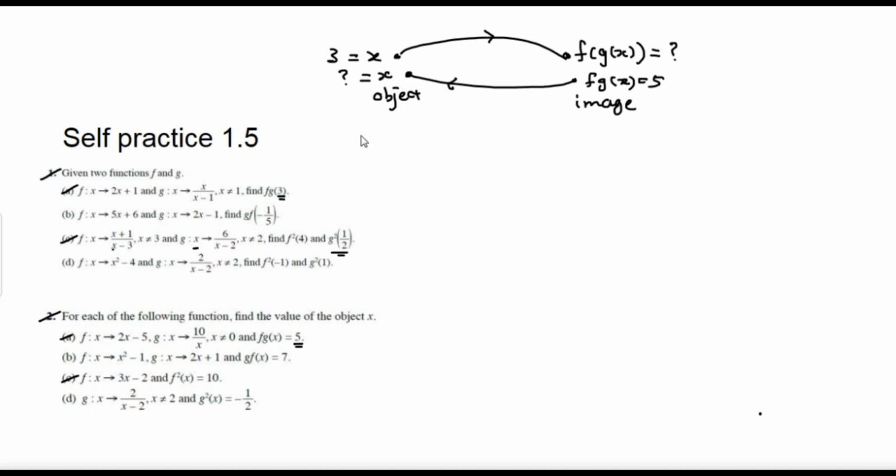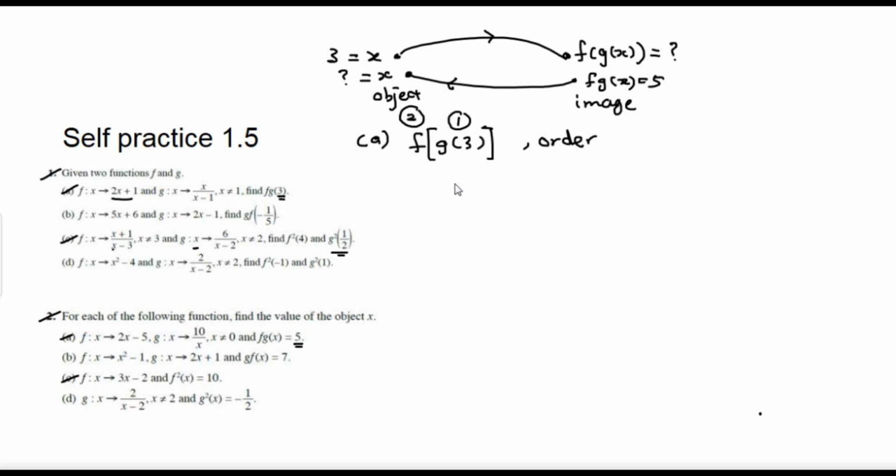Let's start with A. Find fg(3) given f(x) is 2x plus 1 and g(x) is the rational function x over x minus 1. So for fg(3), do you remember there is an order in composite function? The function right inside the bracket happens first, followed by the function beside the bracket.